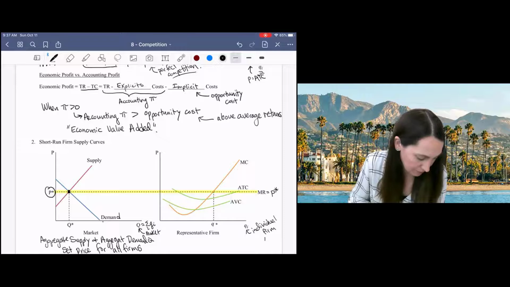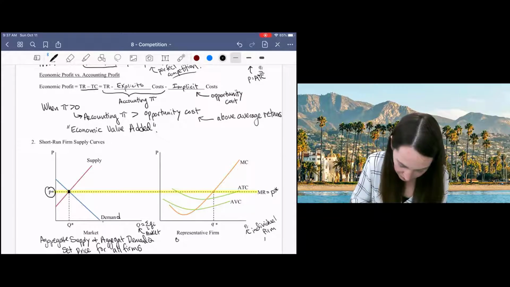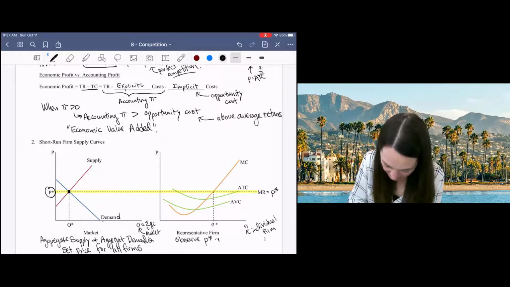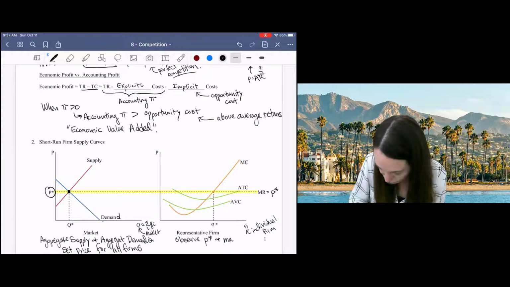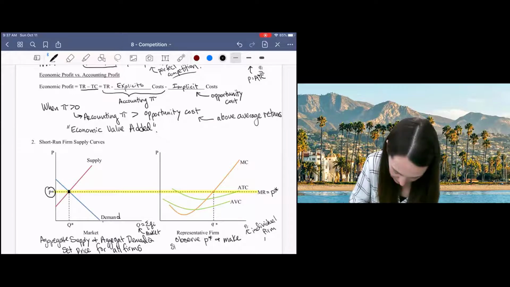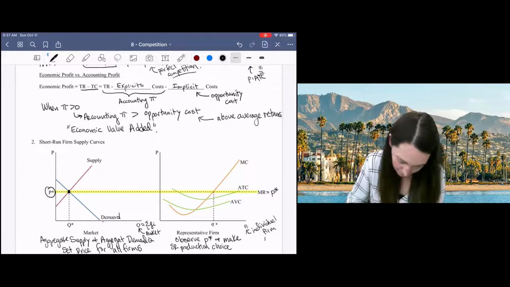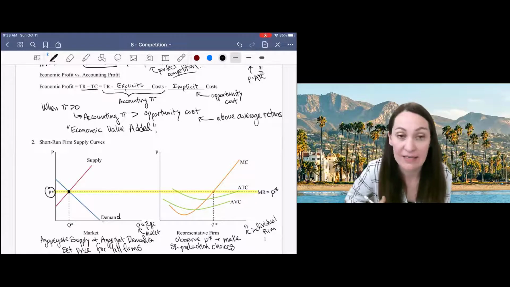And the individual firm is going to observe the price and then make its short-run production decisions, of course, to maximize its profits.